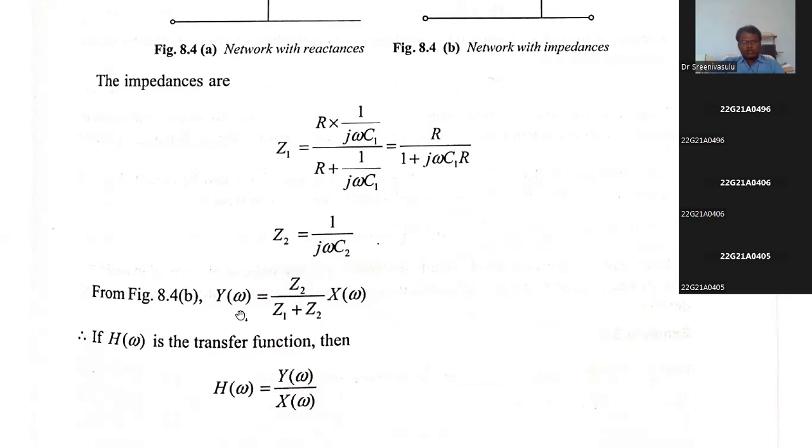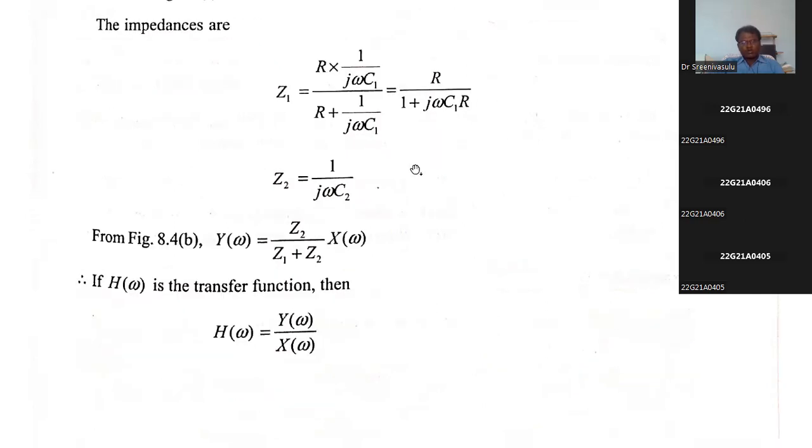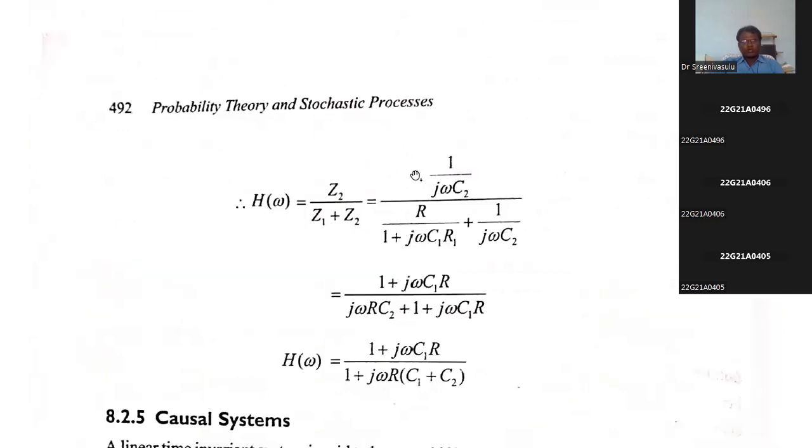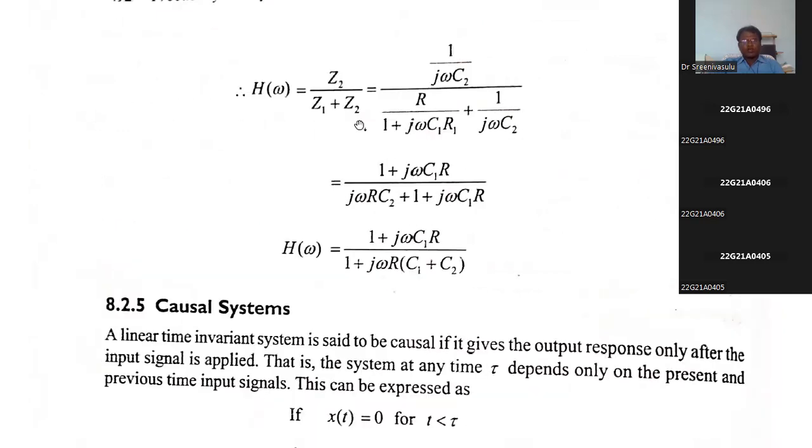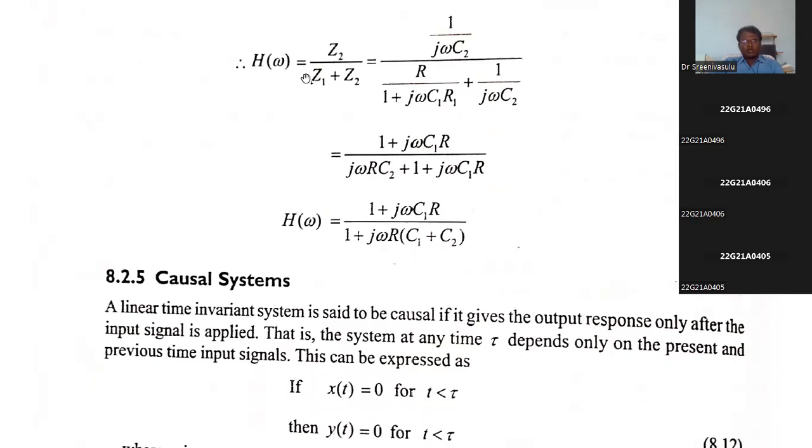What is the transfer function? Y of omega by X of omega, which is H of omega. So it is Z2 by Z1 plus Z2. We already know Z2 and Z1, and we substitute them here.